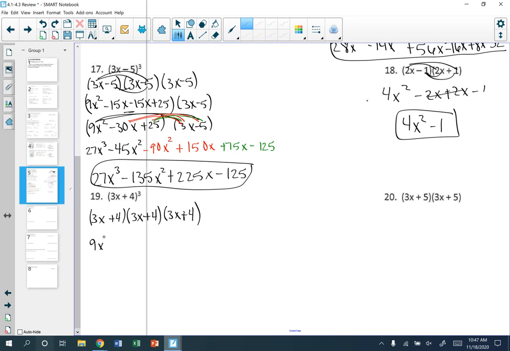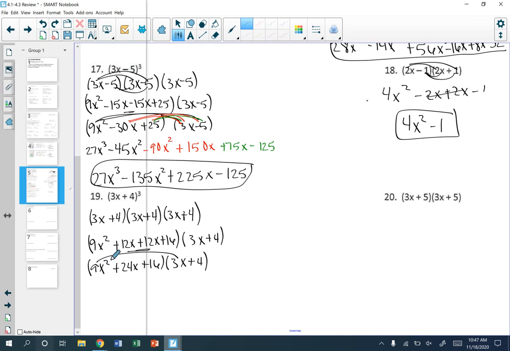We get 9x squared plus 12x plus 12x plus 16. And then we still have that third 3x plus 4. So again, I'm just going to combine my like terms here. 9x squared plus 24x plus 16 times 3x plus 4.